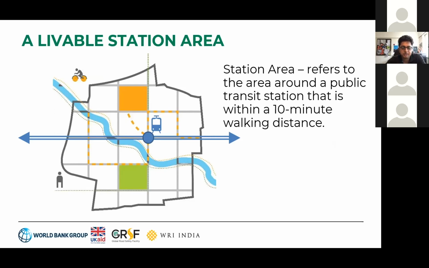This is also a place where it's not just about reaching the station, but being able to stay close by, so that it doesn't become just an area of commute, but also becomes more livable in nature for a given situation in a city. Yeah, next.